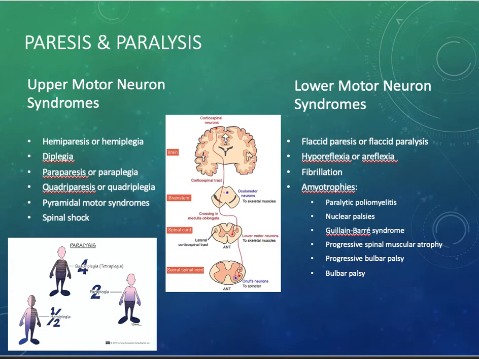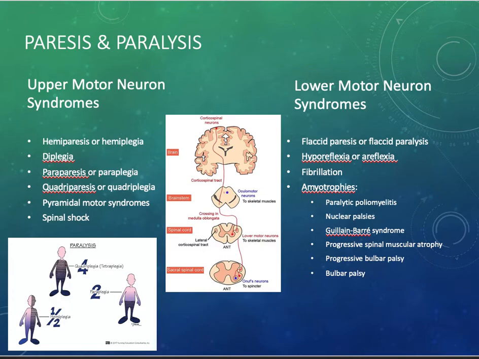So when we have upper motor neuron syndromes, some examples of these are going to be hemiparesis or hemiplegia, which are basically, are you paralyzed or are you weak? Diplegia, paraplegia, quadriplegia.